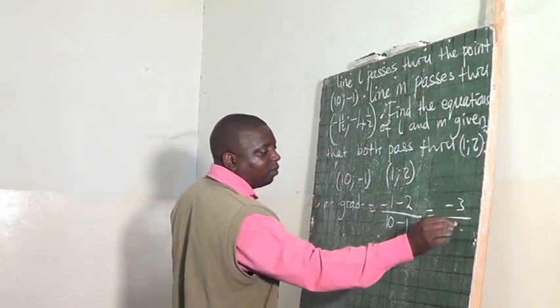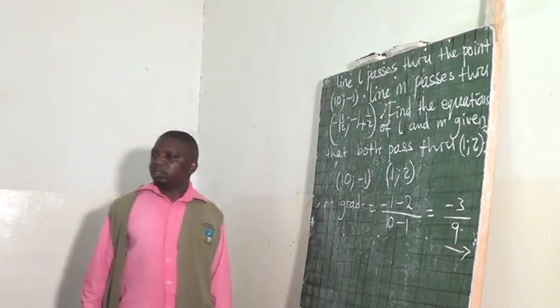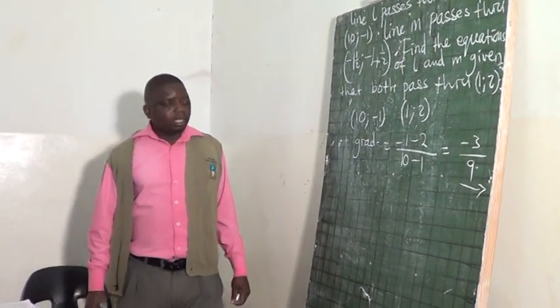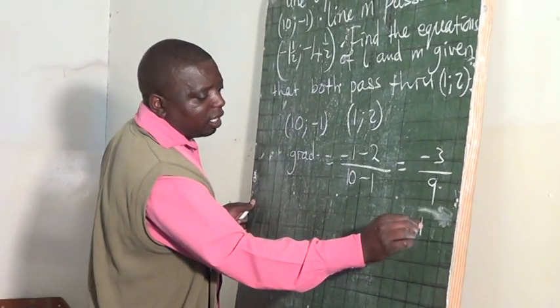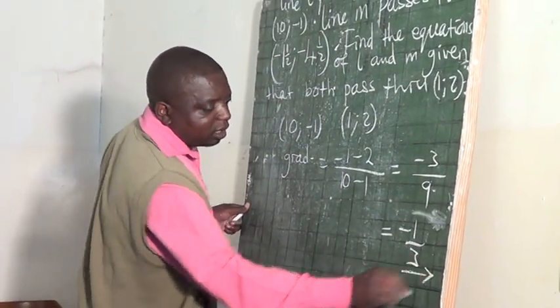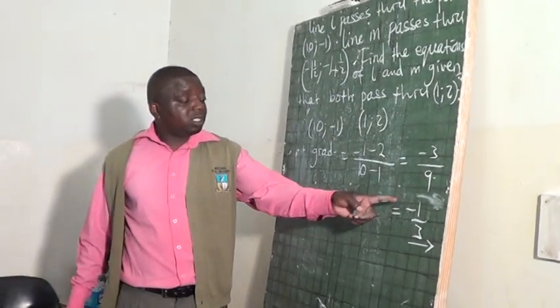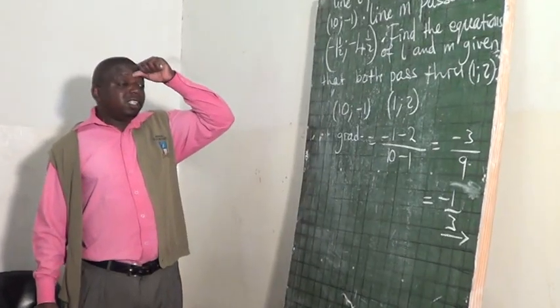Minus 3 over what? 9. Reduce it to what? Minus 1 over 3. So it's minus 1 over what? 3. That's the gradient.